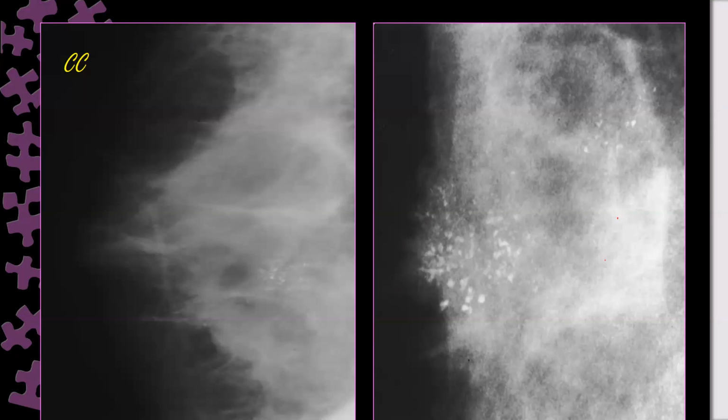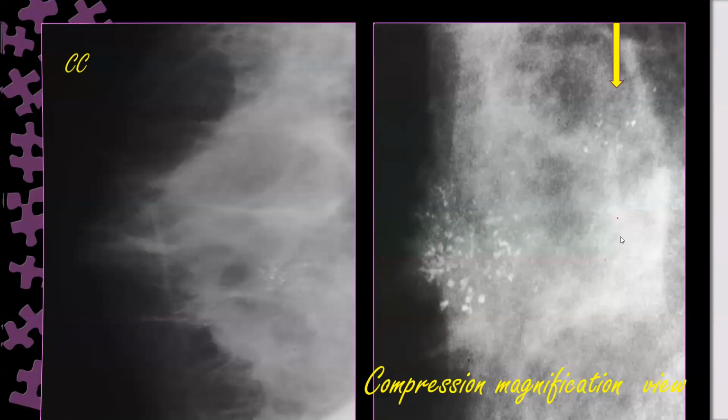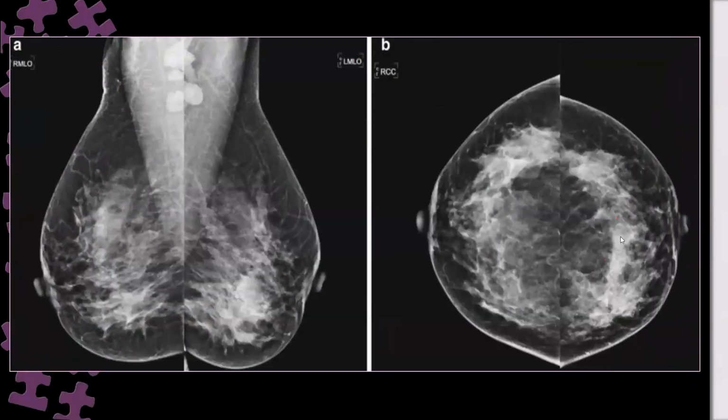But at least this is most likely representing high-grade ductal carcinoma in situ, or at least moderate grade. The arrow shows another focus, which was not visualized on the standard view, seen only on the spot view.